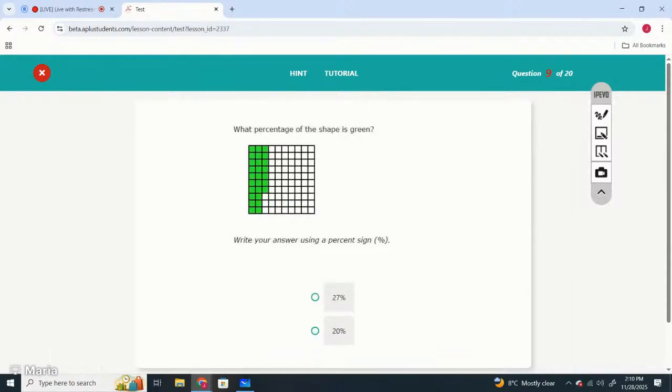Option number 2 is the correct option. What percentage of the shape is green?